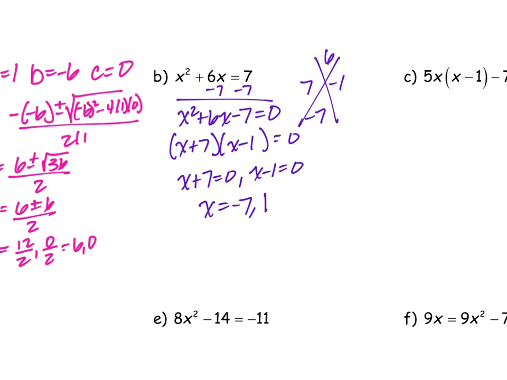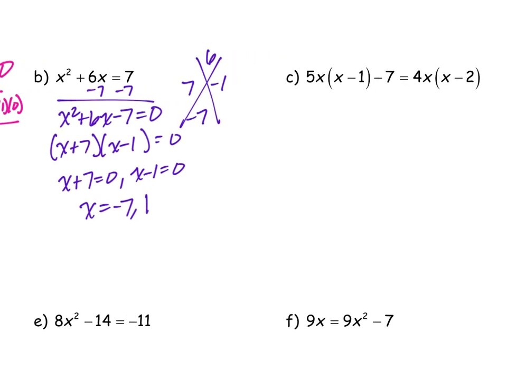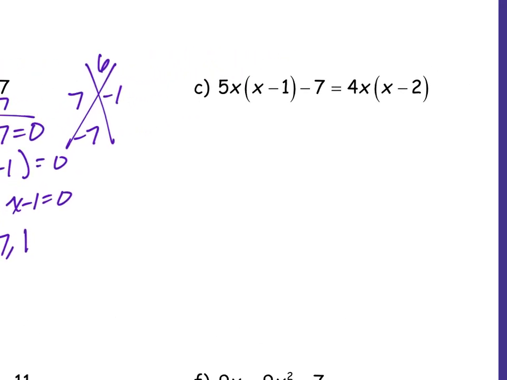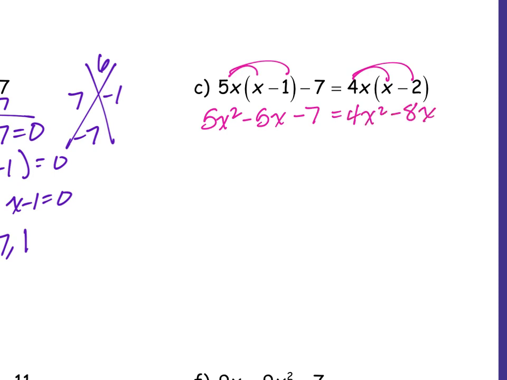Okay, and then the last one here, so fun. Distribute, and I get 5x squared minus 5x minus 7 equals 4x squared minus 8x.